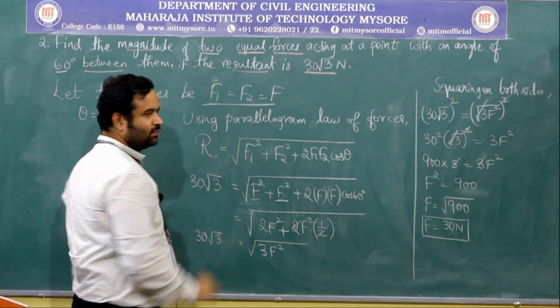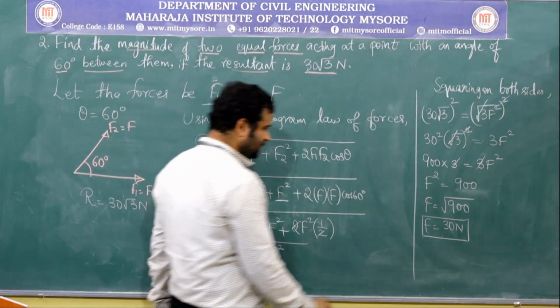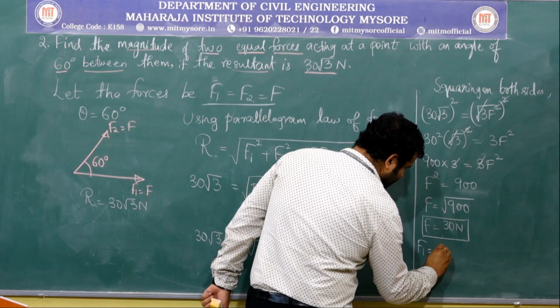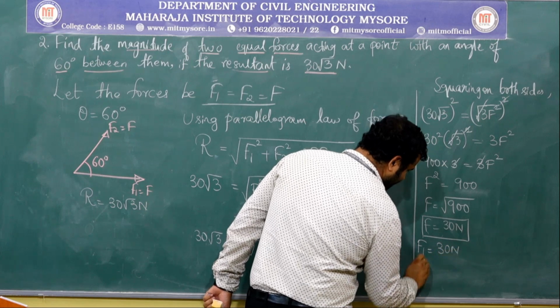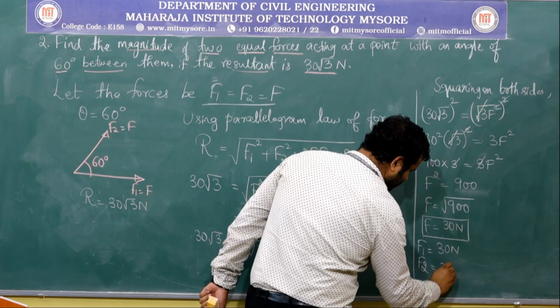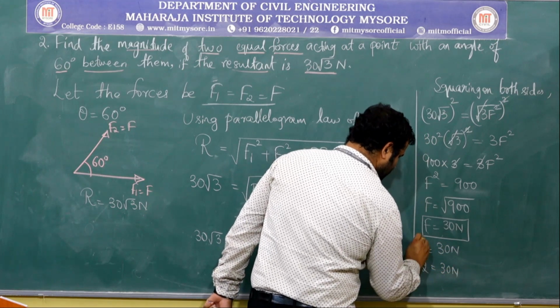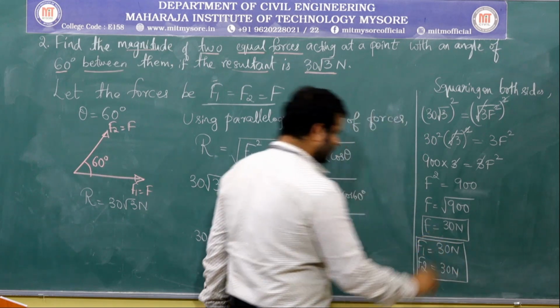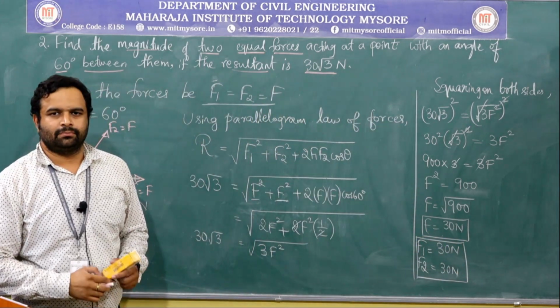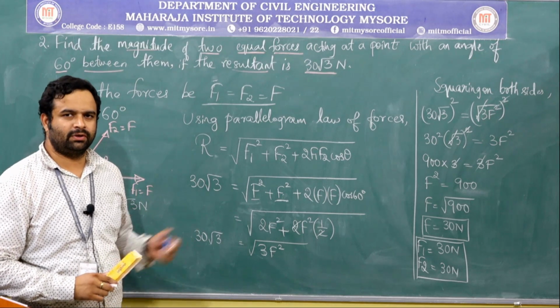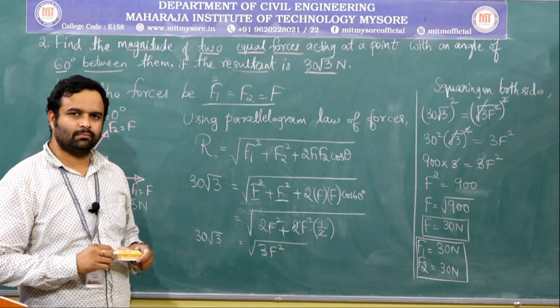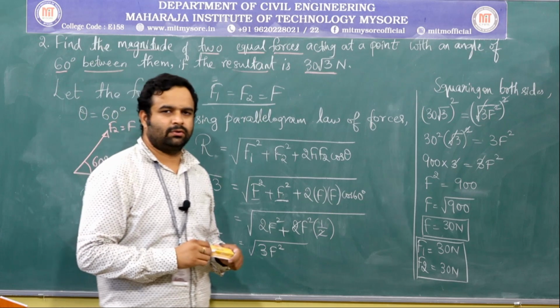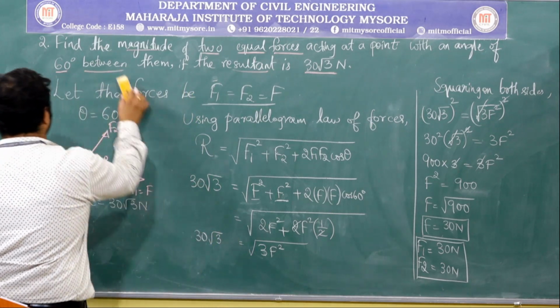That is F1 is equal to F2 is equal to F. That means F1 is equal to 30 Newton, F2 is equal to 30 Newton. This is the final solution. I hope you have understood this. Okay? Now, let me move on to the next problem.